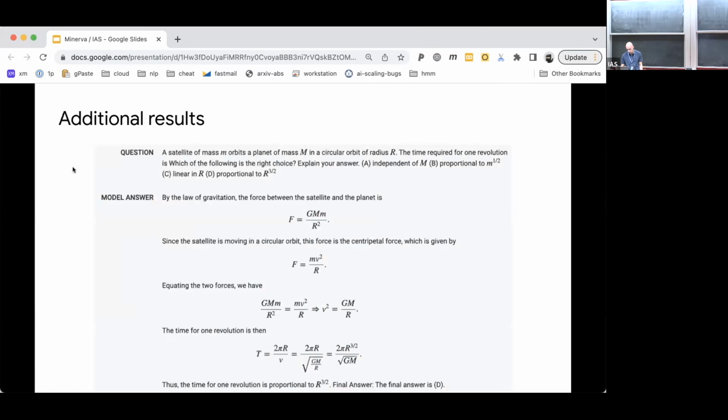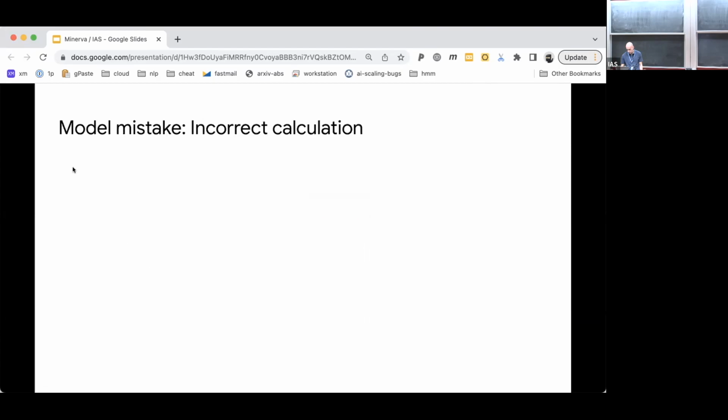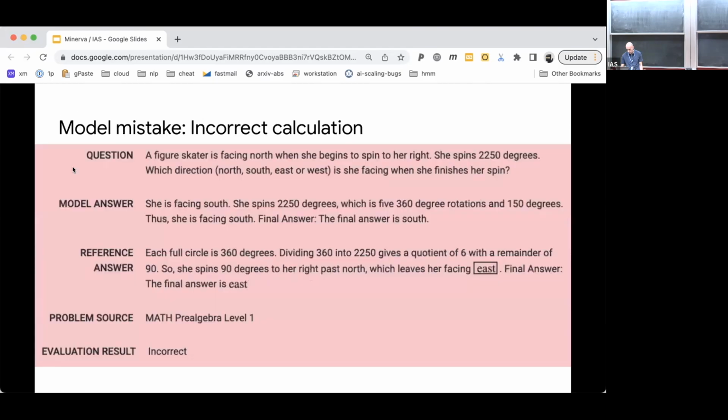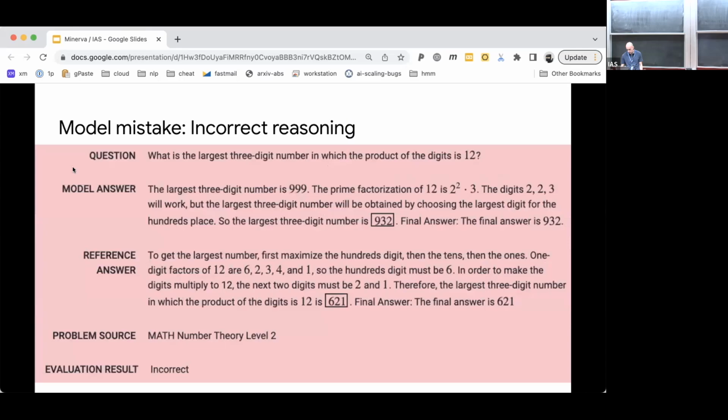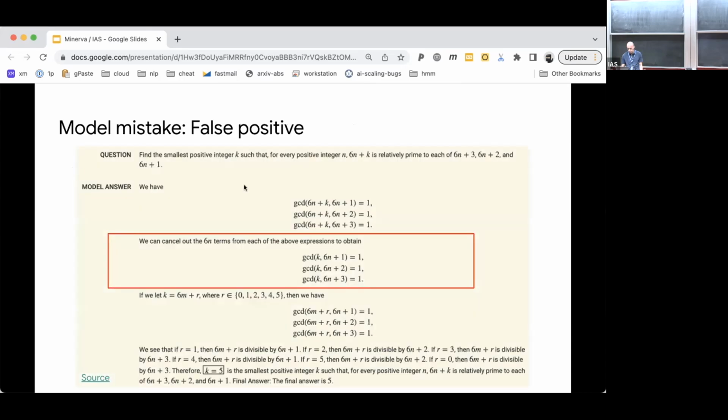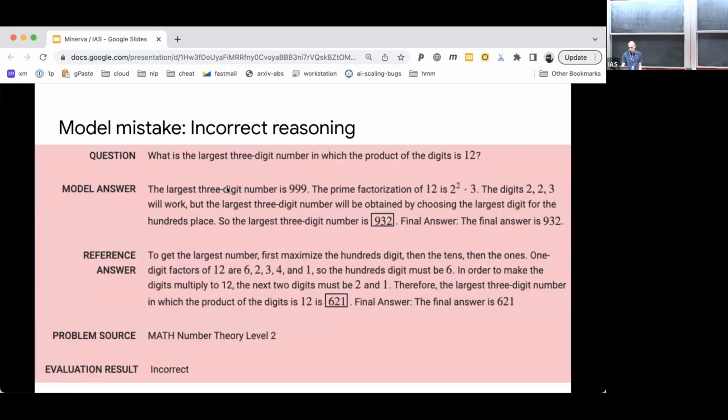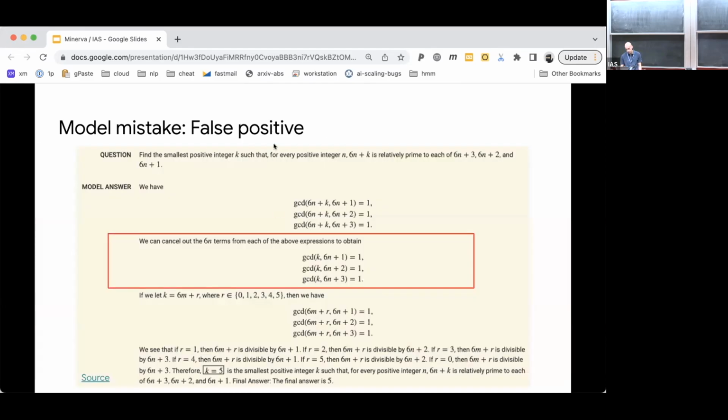I'm going to skip this and this. There are some mistakes; I want to show the weirdest mistake. The model obviously makes mistakes; even on the benchmark we only get about 50% accuracy. It makes many mistakes, some calculation mistakes, some logical reasoning mistakes, but sometimes it also has false positives.